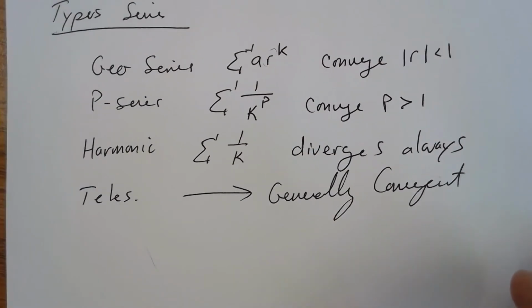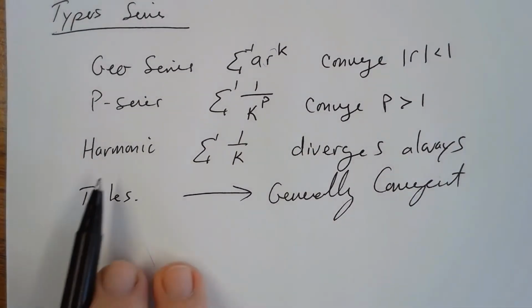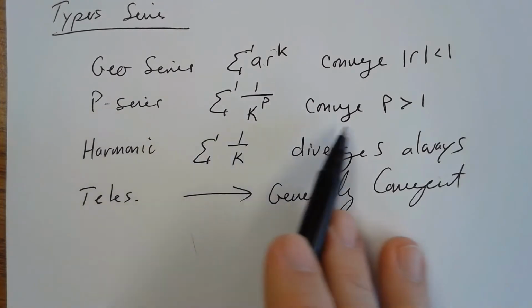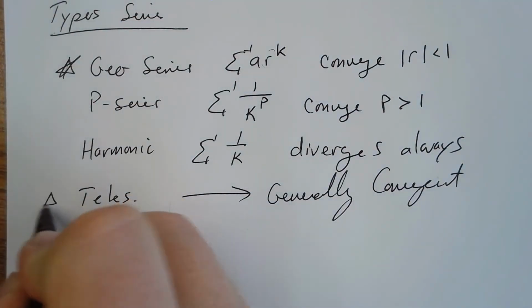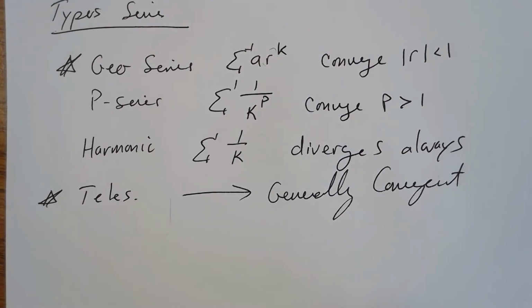Now, out of these four types of series, harmonic is divergent. P-series can converge. The important ones to make note of are the geometric and the telescoping series. The reason why we want to make a note of those two is because those are actually the only two series that we can conclude what they actually converge to.